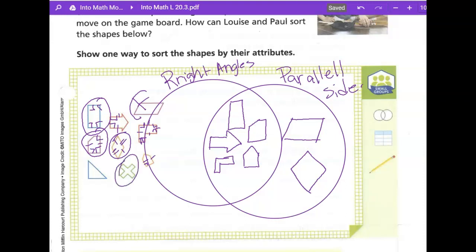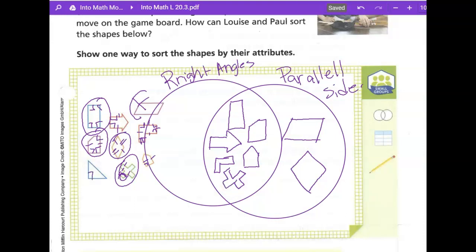And then we have the X. It has a lot of 90-degree angles. There are 2 in every little end here. And it has many parallel lines. So let's draw that. Okay, and then that leaves a triangle.